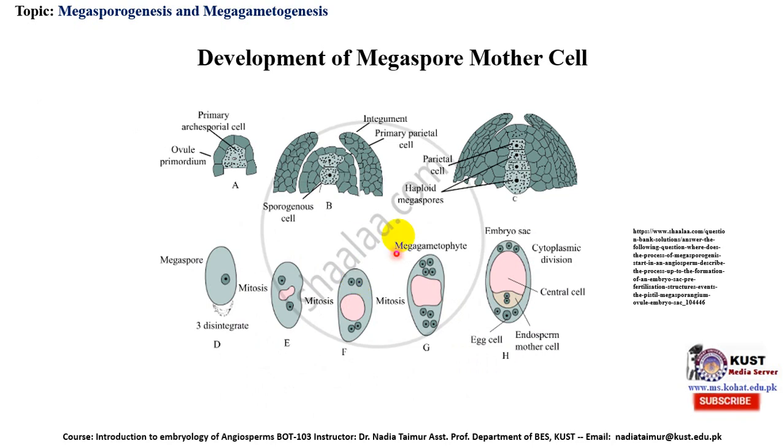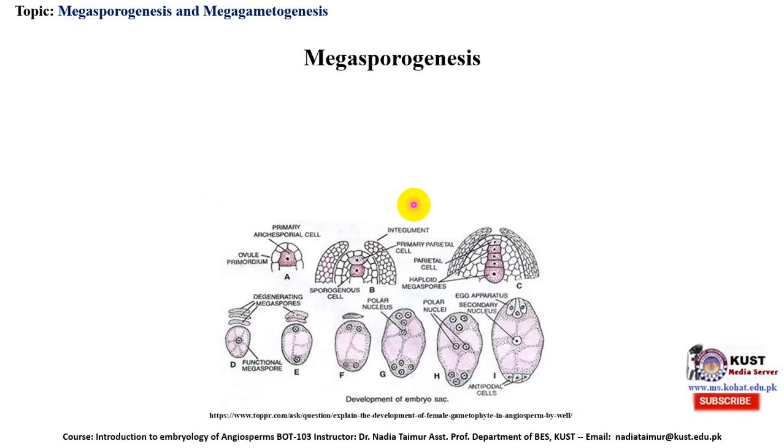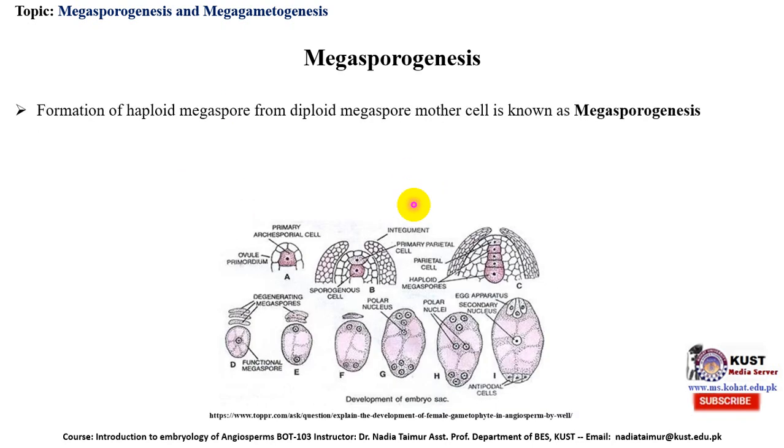So there is another diagram which shows the sequence of events during formation of megaspore mother cell. As we know, megasporogenesis is the formation of 4 haploid megaspores from diploid megaspore mother cell due to meiosis.